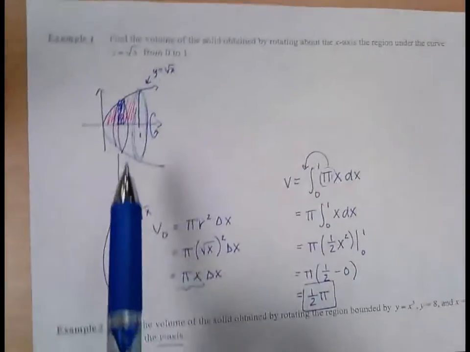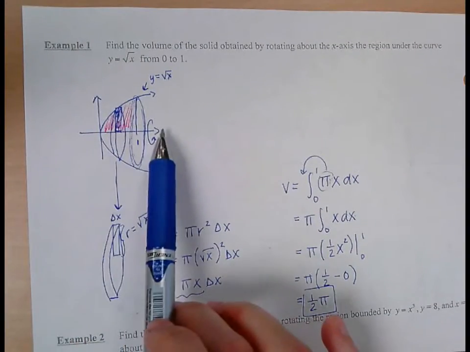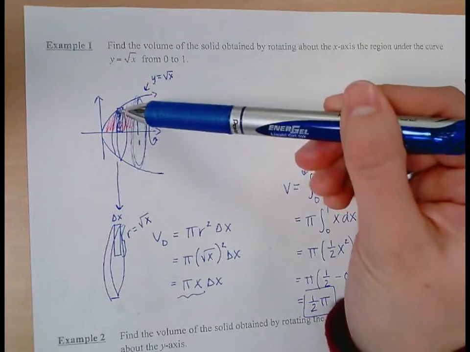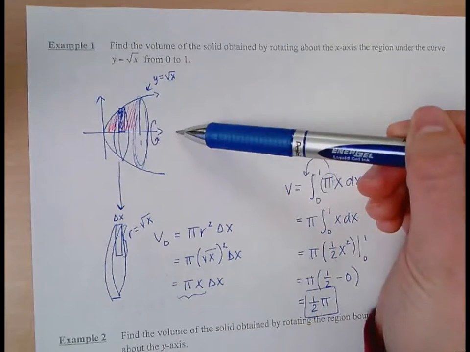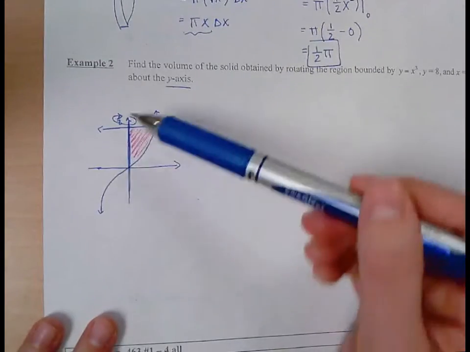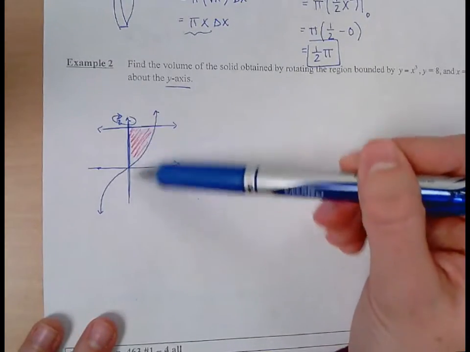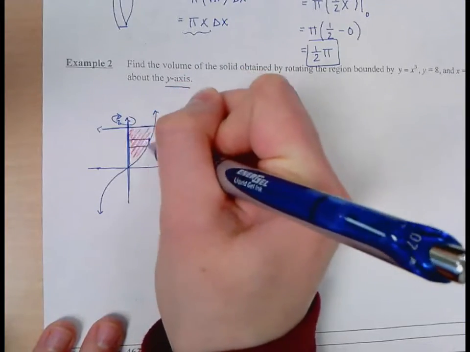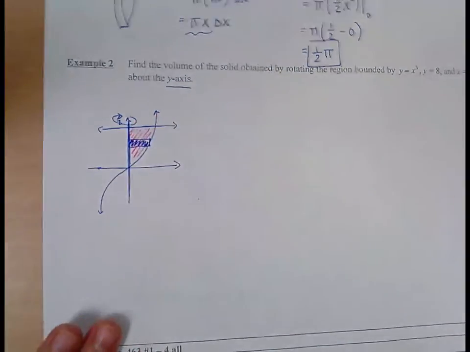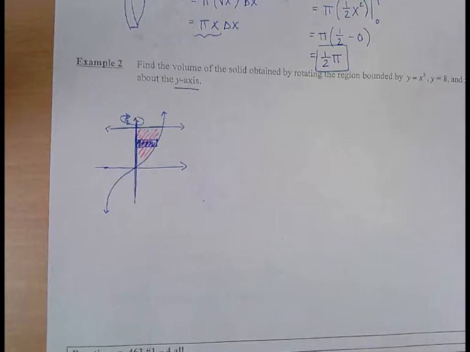Because for example 1, we were rotating around the x-axis, we used a vertical rectangle because it's perpendicular to the x-axis, which is horizontal. So here, if the axis we're rotating around is vertical, I should use a horizontal rectangle, but that means my integral will be in terms of y. I'm integrating with respect to y instead of x.